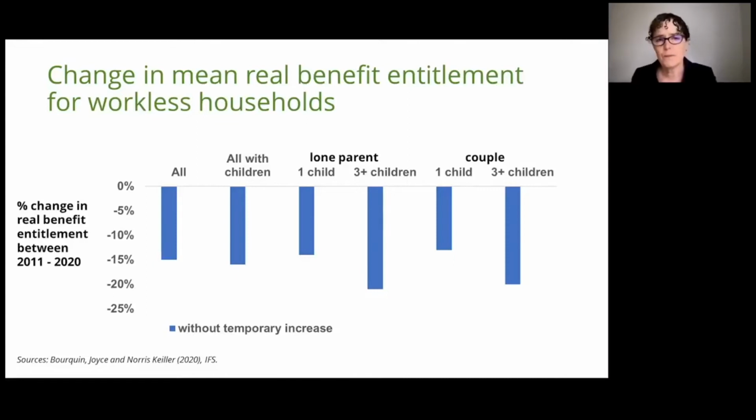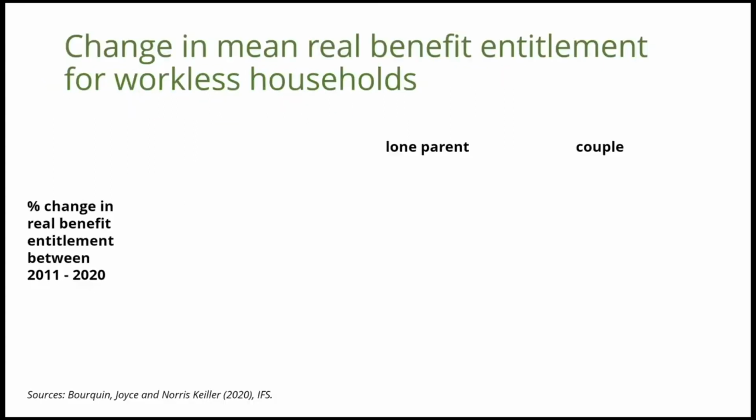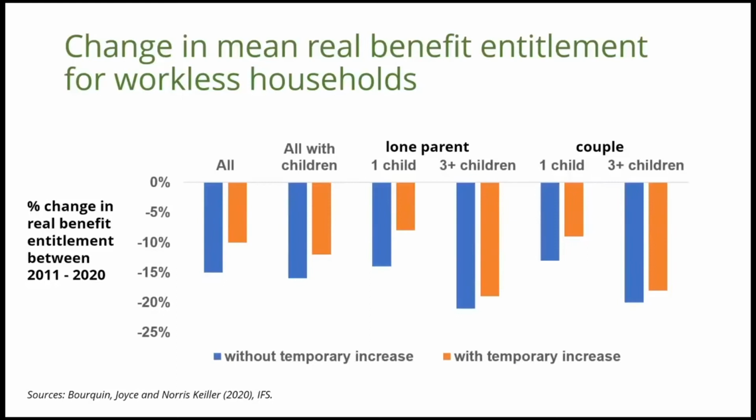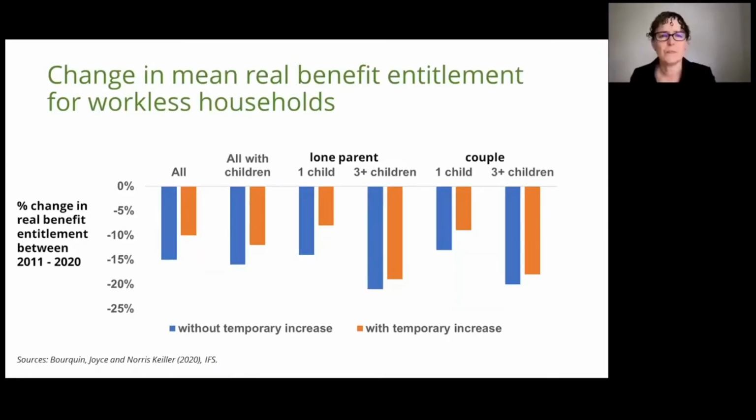So what was the impact of the temporary measures introduced as a result of the pandemic? Well, these did slightly increase the generosity, but the generosity is still low relative to the generosity levels of a decade ago.